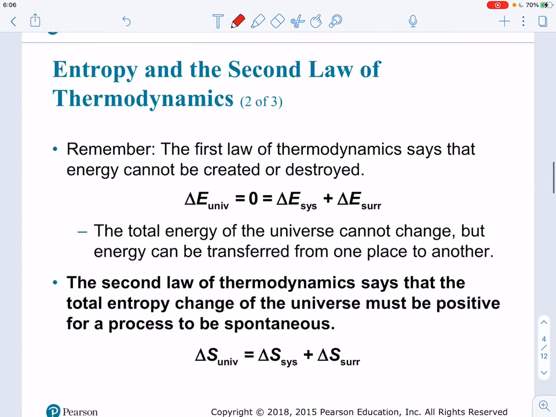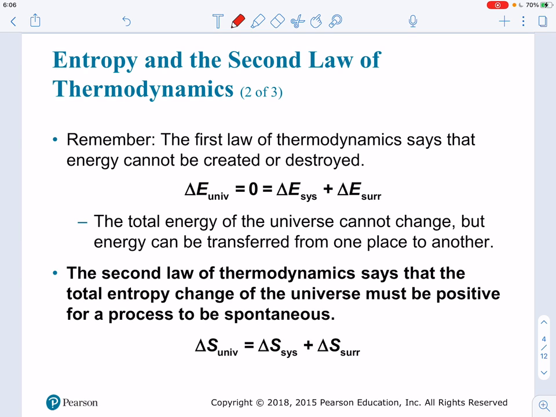Now, one of the things that we have to remember from thermochemistry is the first law of thermodynamics, correct? The first law tells you that the change in energy of the universe is zero, which means the energy of the universe is constant.